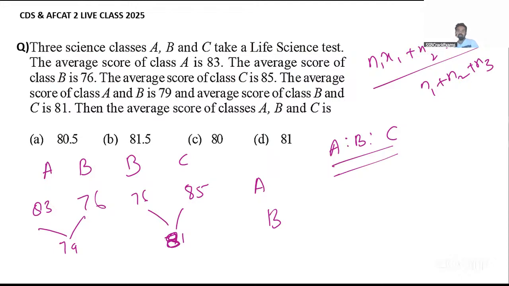N1, N2, N3 is the problem. We can do one more thing. We can add 83 plus 76 plus 85. What will it give? 8 plus 6, 14. Carry 1, 244.